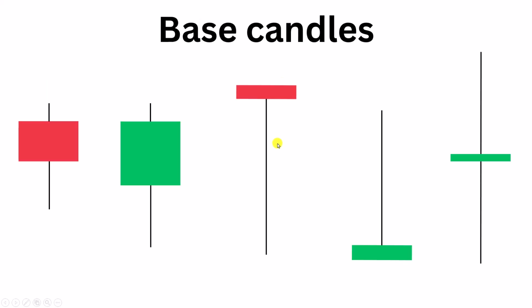The third type is base candles. When the size of the wicks are larger or equal to the size of the body, then those candles are considered as base candles. Okay, so if you see here, the size of the wicks are larger than the size of the body, or maybe in this case equal to that of the size of the candle. Here too we have a body, but then we have longer wicks.